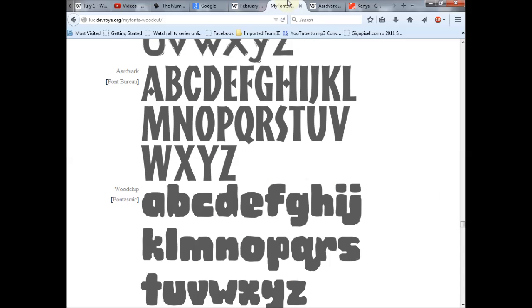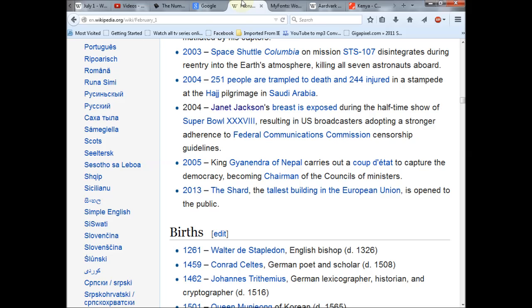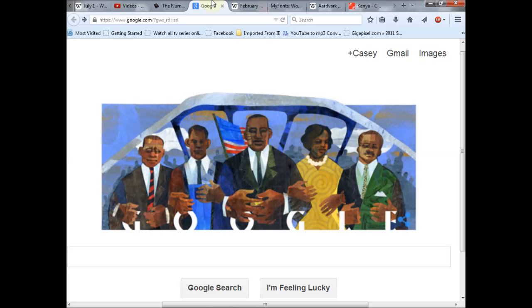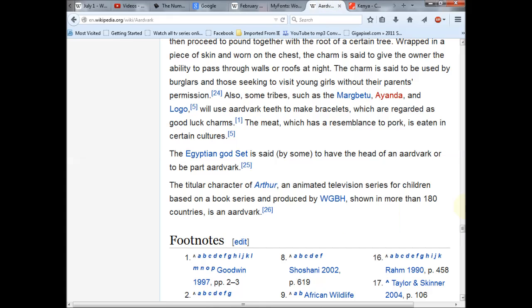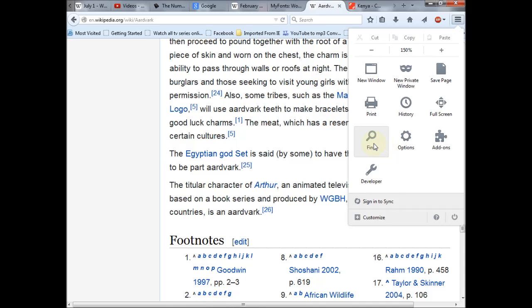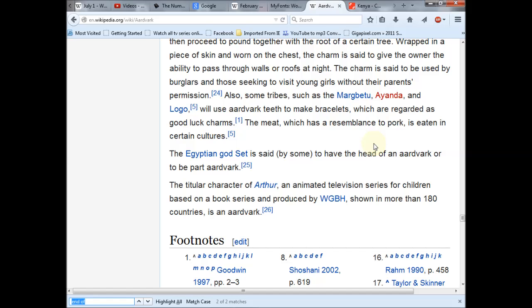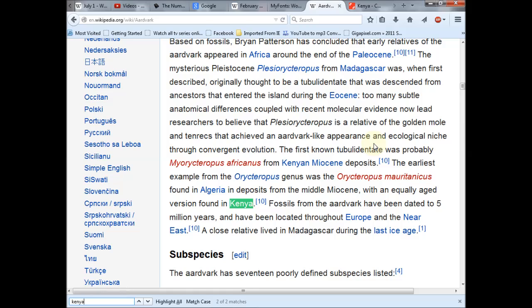Now it's not exact, but it is a woodcut Algerian style font. Now why is this important? Because when I looked up the aardvark, I found that there were links to the Egyptian god Set, and I also found that the oldest skeletal remains of an aardvark were found in Kenya, Africa.